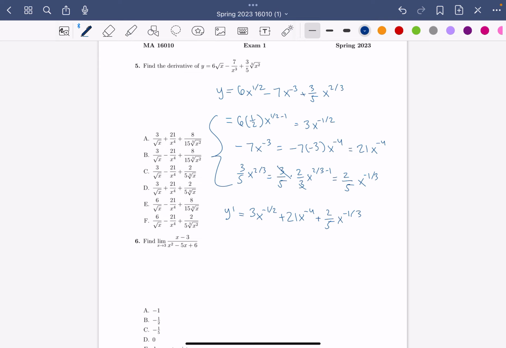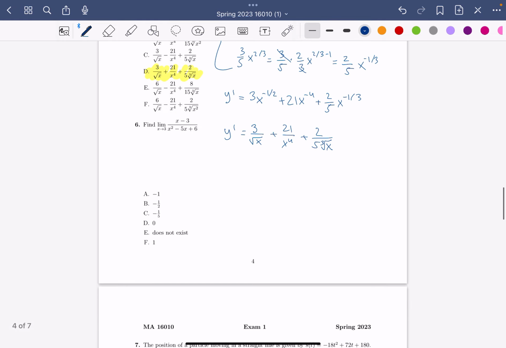Now we want to write it in the form of the question, so remove all these negatives and put them in the denominator. We would be left with y prime equals 3 over the square root of x, because x to the negative 1/2 is 1 over square root of x, plus 21 over x to the 4th, plus 2/5 the cube root of x. That gives us D.